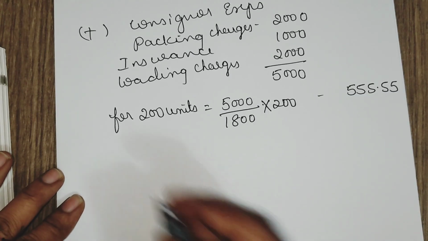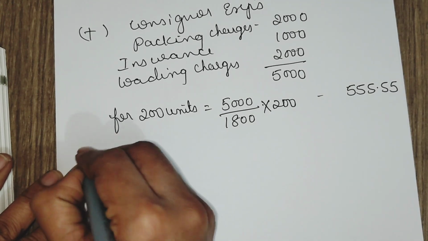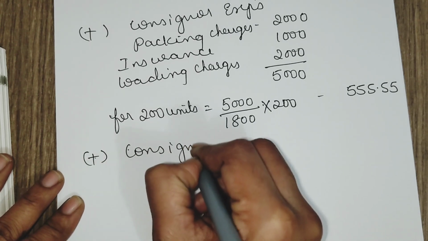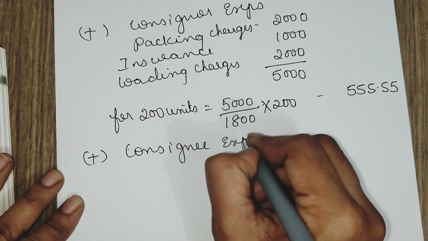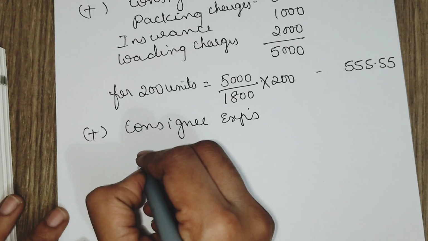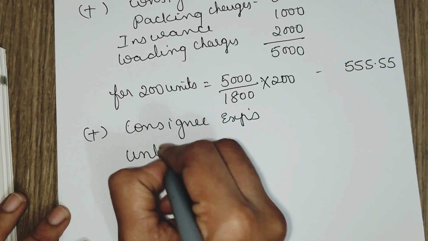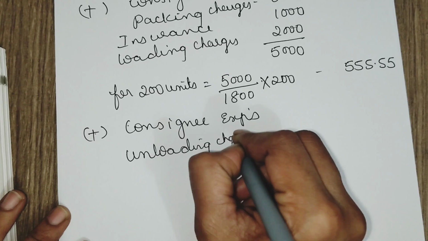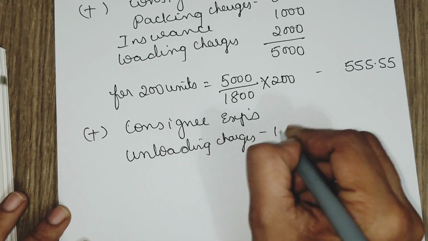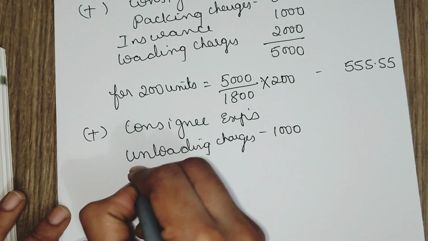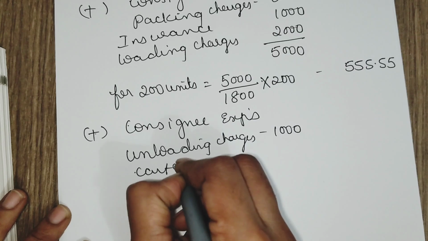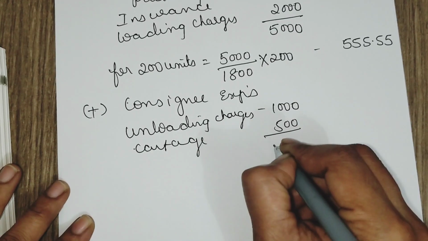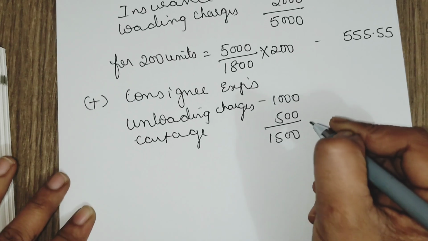Then add consignee expenses. Consignee expenses: unloading charges 1000, cartage 500, total 1500.